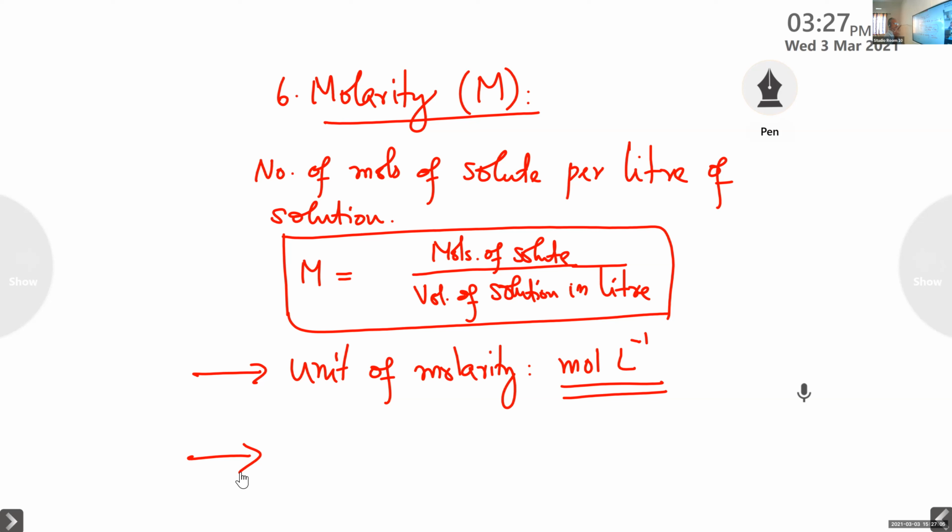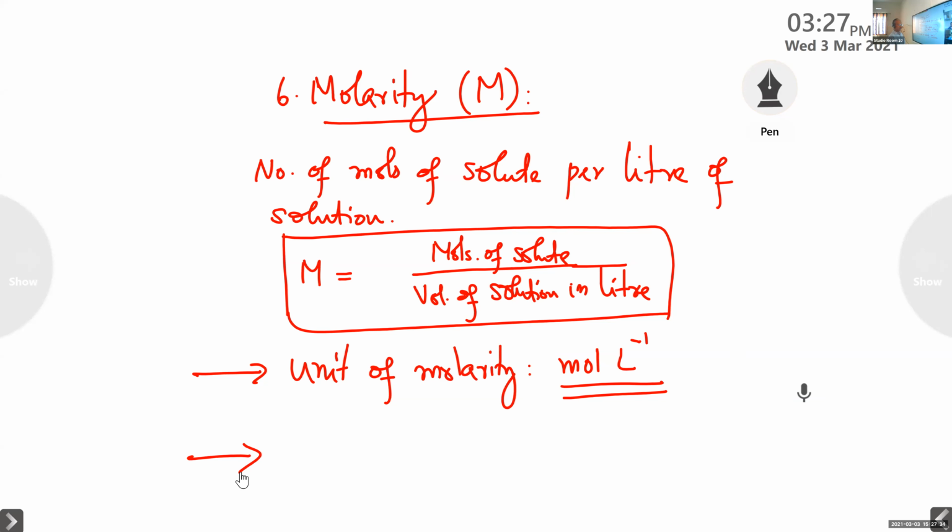When temperature increases, volume also increases, expansion. When temperature decreases, volume decreases. So volume is related to temperature. Even if it is a solution, volume is related to temperature. Volume depends on temperature. So the problem is this.